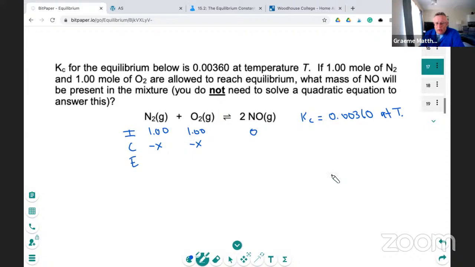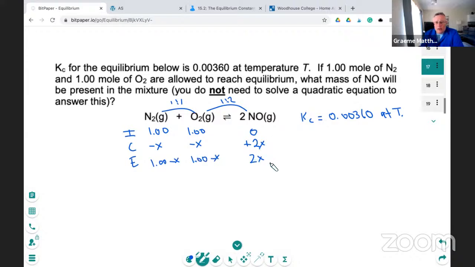This is obviously a 1-to-2 ratio, and this is 1-to-1, so this would have to be positive 2x. So add going down. You've got 1 minus x and 1 minus x, and this would be 2x.